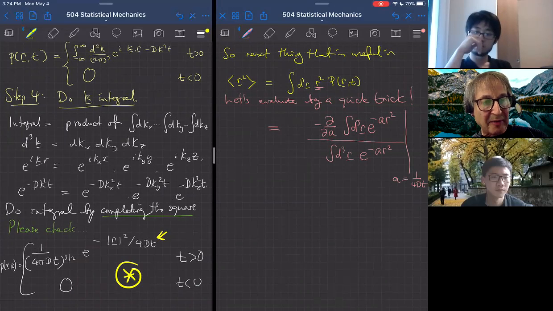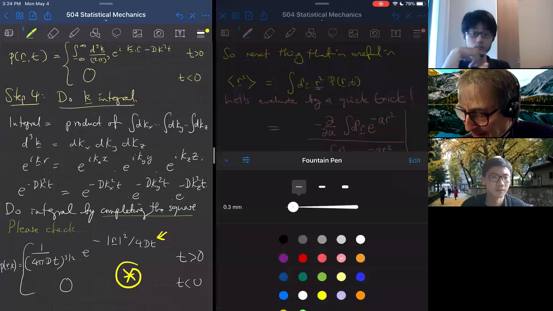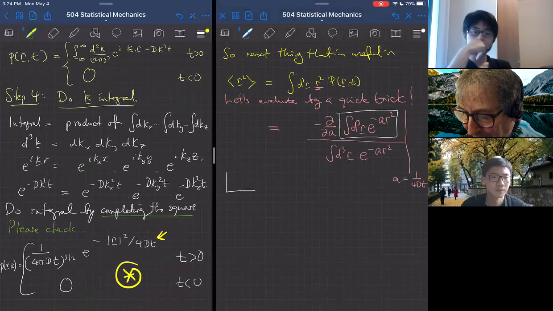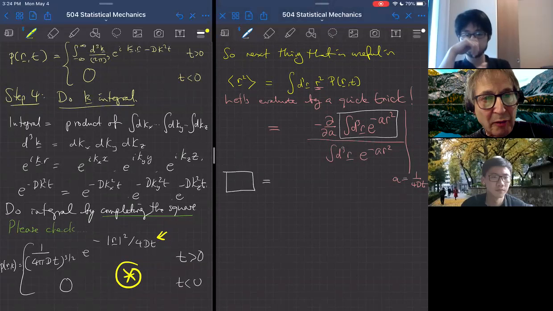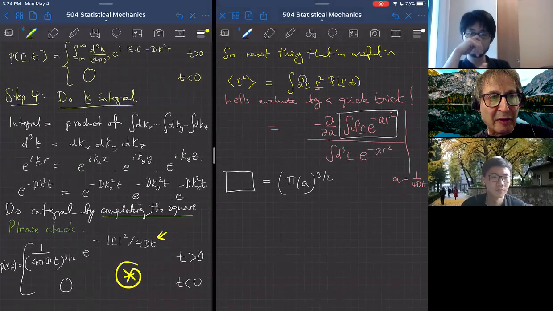So now I just have to simply do that integral. The integral is equal to pi over a, and it's the 1/2 power, but there's 3 of them because it's in x, y, and z. There's 3 parts over here. So this is pi over a to the 3/2 power.